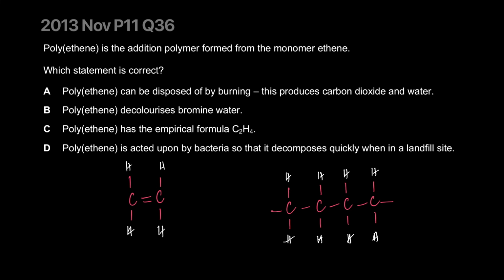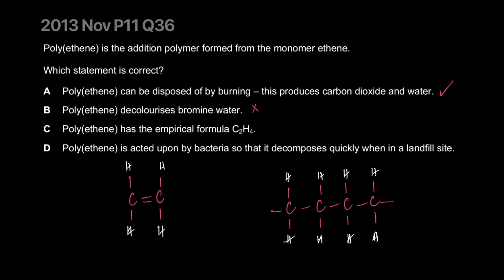Either recycle it or burn it. Polyethylene decolorizes bromine water. Now, what decolorizes bromine water actually is the carbon-carbon double bond. Even though it says ethene in the name, there's actually no carbon-carbon double bond in it. So bromine will have no effect. So this is incorrect. This is correct.